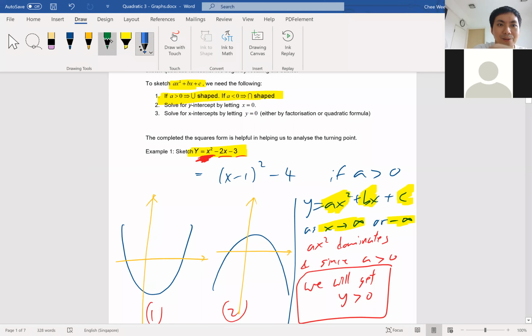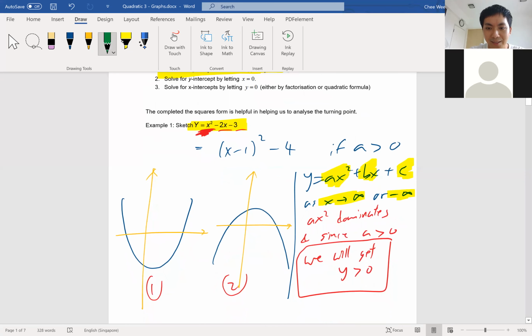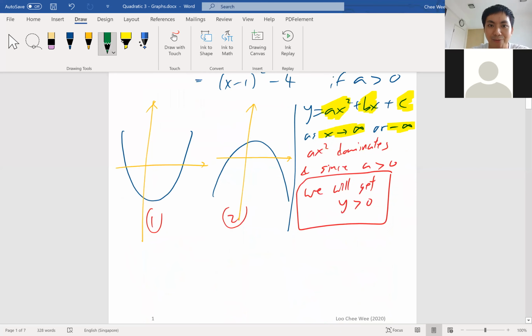That is the reason for this logic over here. The same logic can be applied to cubic polynomials actually. So that will be the shape of the graph first.